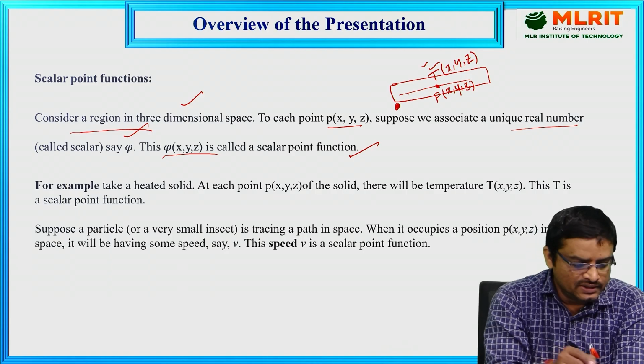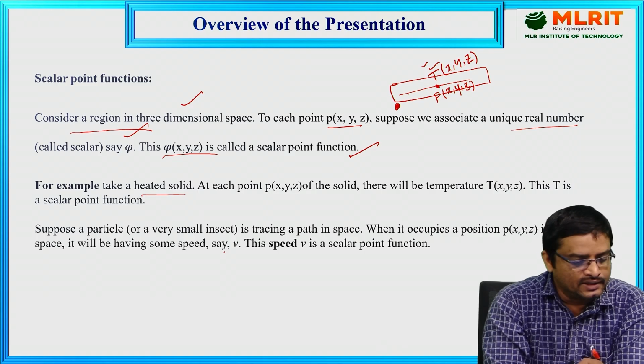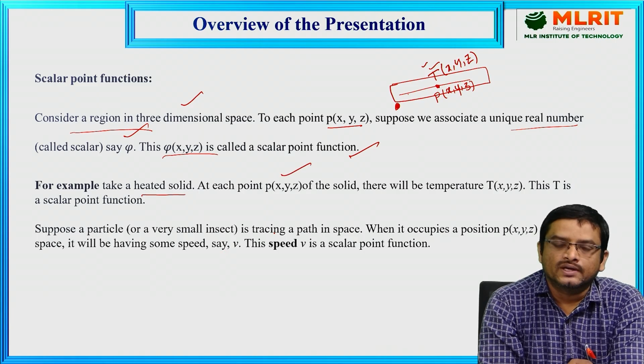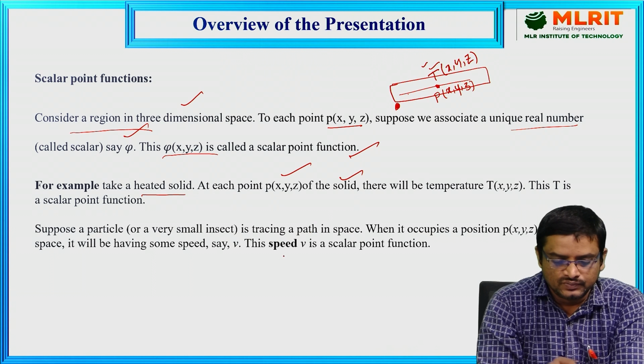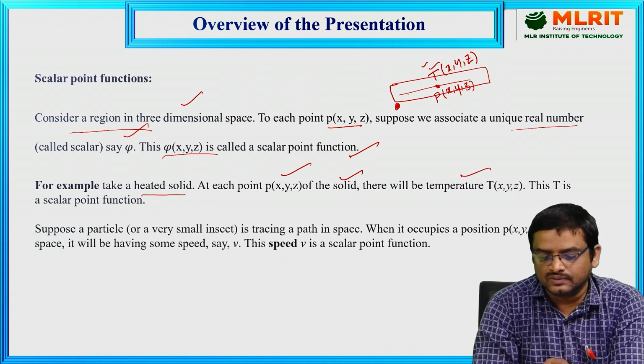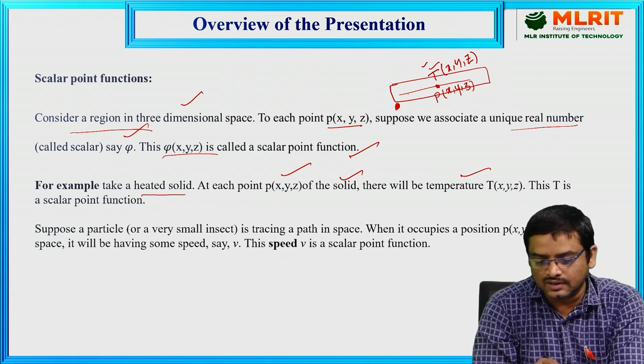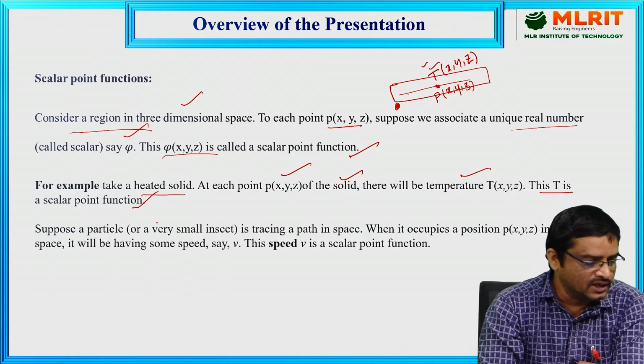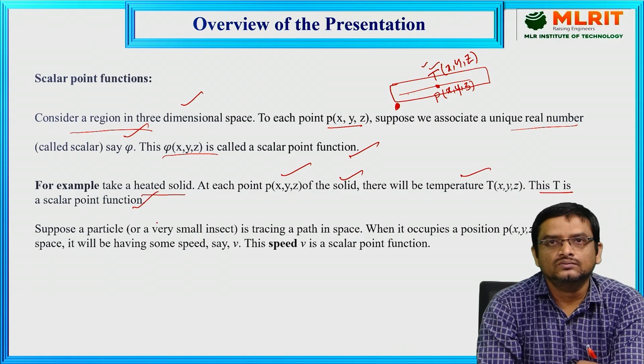That is the example we have taken: take a heated solid, take the point P of x comma y comma z on that particular solid. There you can get some temperature that is represented with T of x comma y comma z. So this temperature we can call a scalar point function. That is the meaning of this scalar point function.